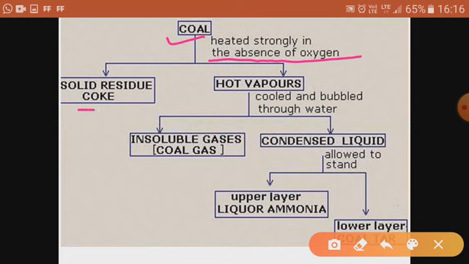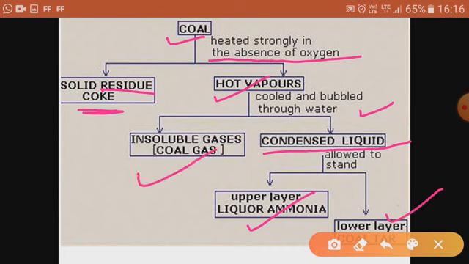We get coke as a residue, which is left behind after heating the coal strongly. Residue means the leftover part in test tube A. Then we get hot vapors, which are cooled and bubbled through water. These are basically the liquids, liquor ammonia and coal tar, and one gas which is released outside, that is coal gas.